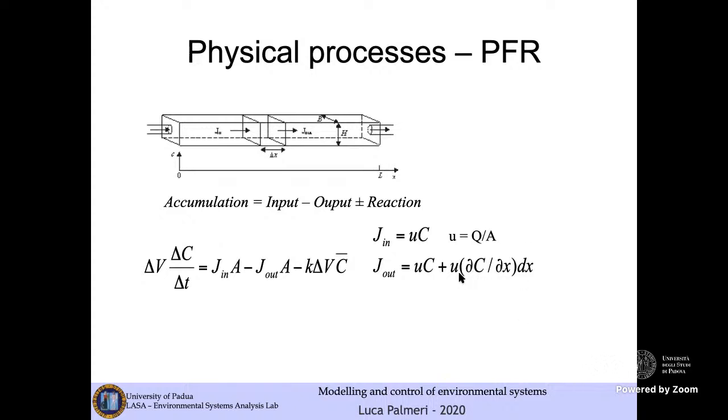So we employ a term that describes what happens due to the fact that along the direction of flow, we have a decrease in concentration that is proportional to the distance from the inlet.